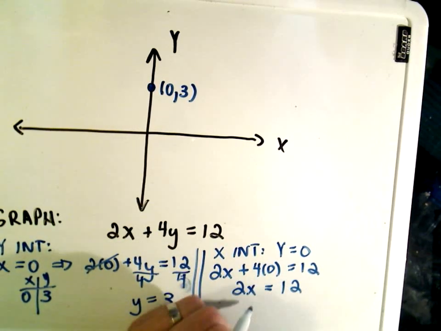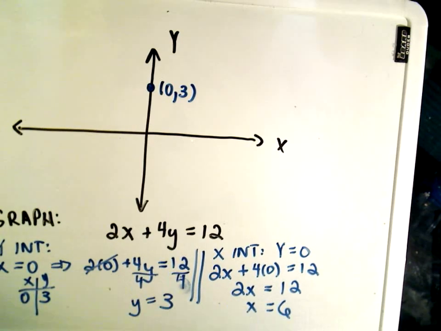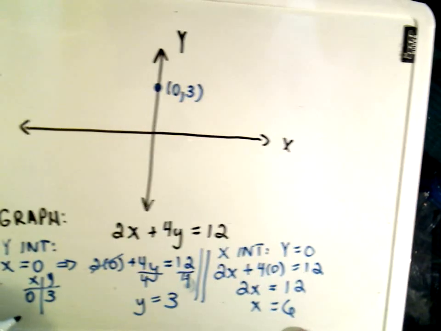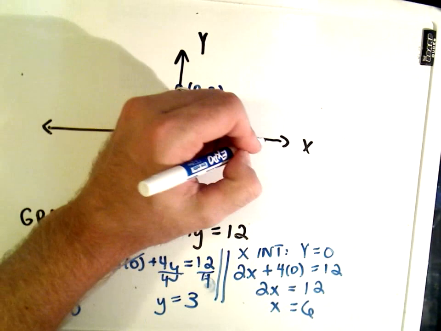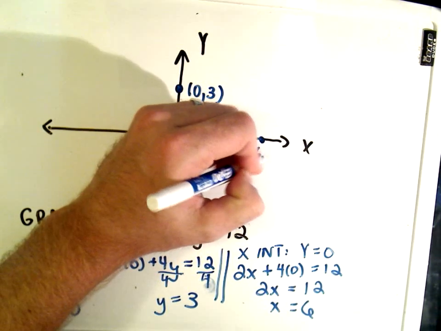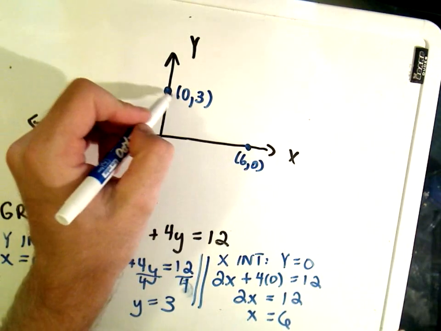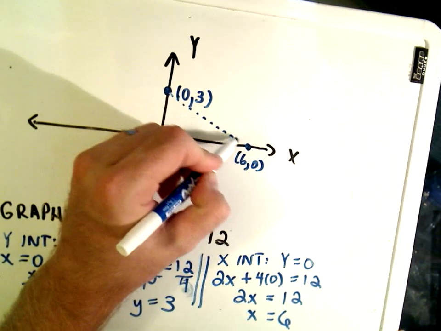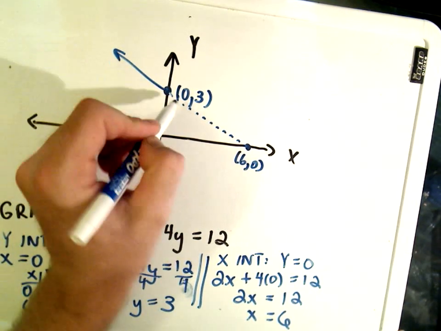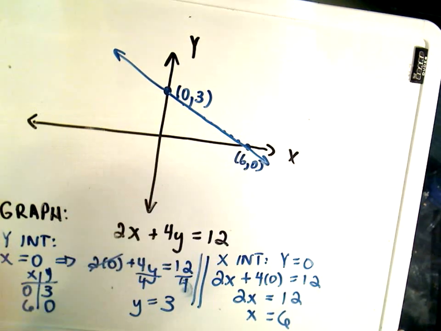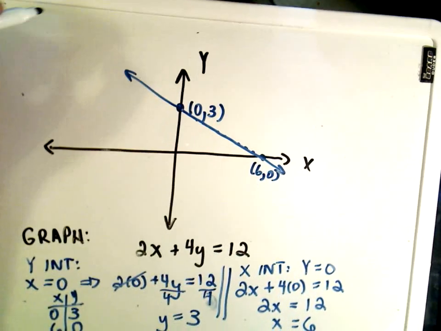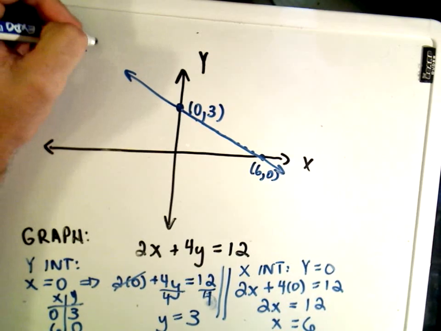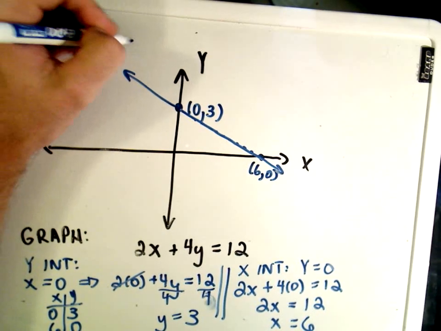We get 2x equals 12, or x equals 6. So we'll be at the point (6, 0). We'll play connect the dots, and here's our graph of the line 2x plus 4y equals 12.